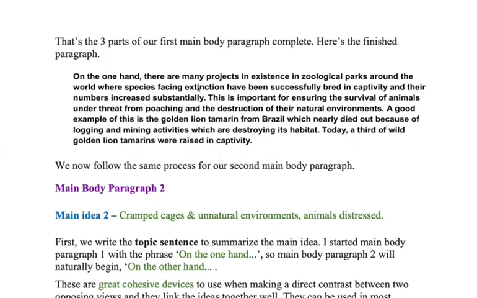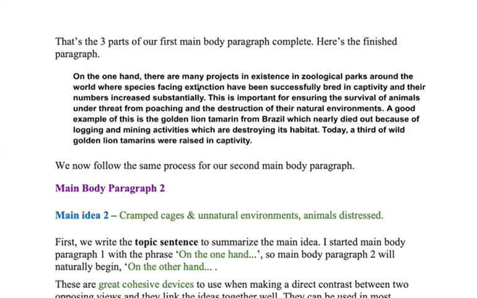There are many projects in existence in zoological parks around the world, used for the study of species facing extinction. We are talking about endangered creatures, animals that are in danger of extinction, which have been successfully bred in captivity, okay, increased in numbers in cages, and their numbers increase substantially.